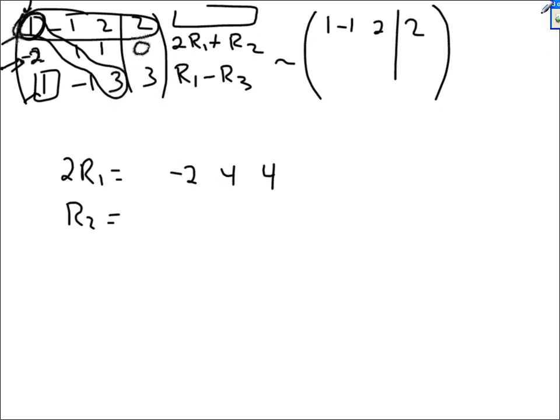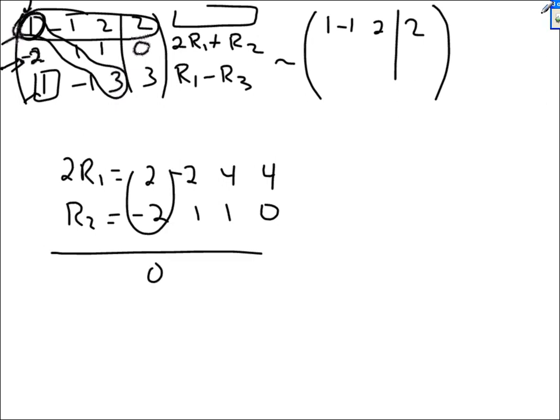I said I would. Okay, 2 times row 2 is negative 2, 1, 1, 0. You want these to give you 0, you add. Negative 1, 3, I meant to say 5. Is it 4? You get 0, negative 1, 5, 4. You got the 0 like you wanted.